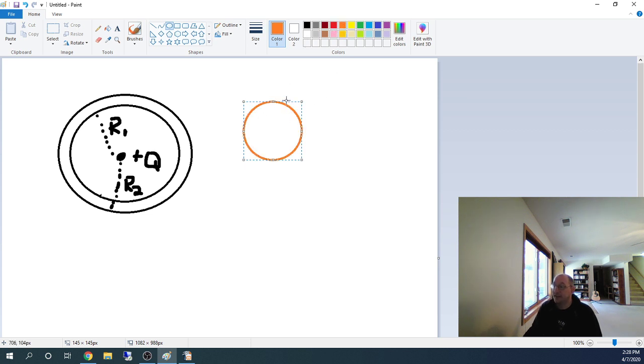All right, so this is going to be our Gaussian surface. So we're choosing a spherical Gaussian surface because this whole charge distribution, whatever it is, has spherical symmetry. So if I move that here, let's evaluate the electric flux on this orange surface now.